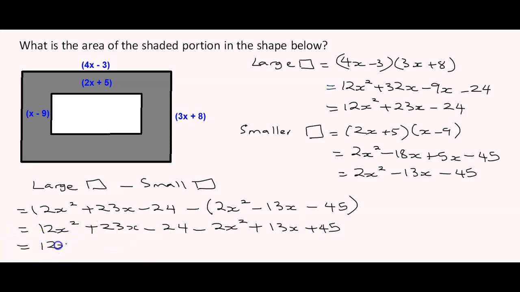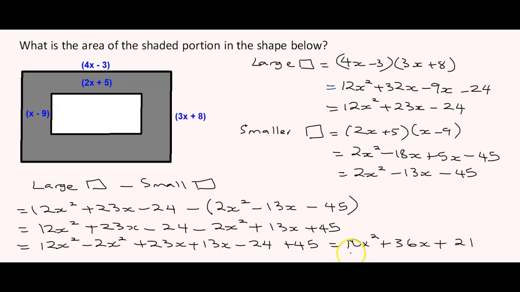So we have 12x squared minus 2x squared plus 23x plus 13x minus 24 plus 45. So this is going to give us 10x squared plus 36x plus 21, and that is going to be the area of the shaded portion.